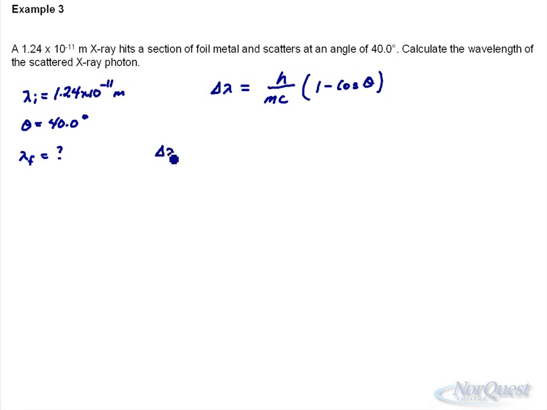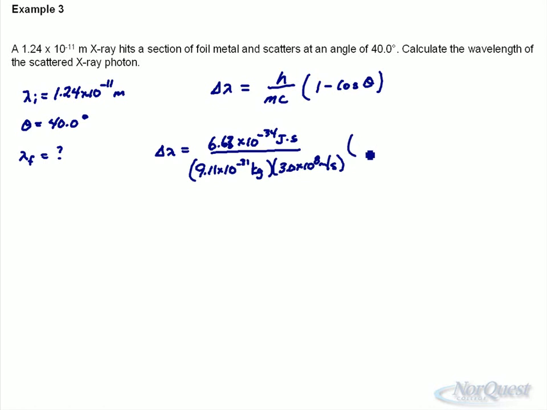So the change in wavelength will be equal to 6.63 times 10 to the negative 34 joule seconds divided by 9.11 times 10 to the negative 31 kilograms, mass of an electron, off my data sheet, times 3.0 times 10 to the 8 meters per second, and we're going to multiply this by 1 minus cosine 40 degrees.